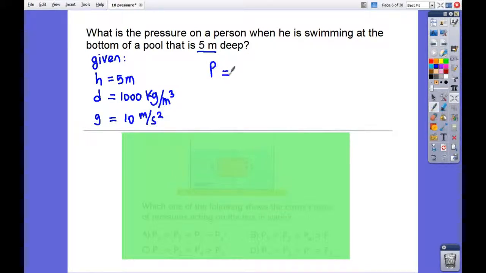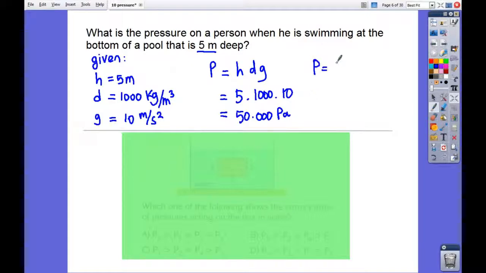So to find the pressure on the swimmer, we can calculate by P equals h, rho, g: h is 5 meters, density 1000, and gravitational acceleration 10. So we have here 50,000 Pascal.